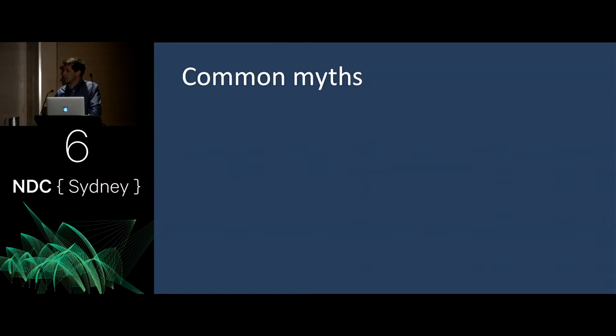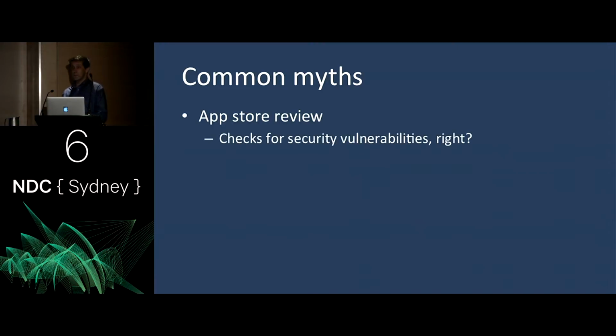So in terms of common myths specific to mobile, one of them, and this is looking mostly at iOS, is: when I submit an app to the App Store, Apple reviews it, and surely they're only going to let it in if it's secure. They must check for security vulnerabilities as part of that.